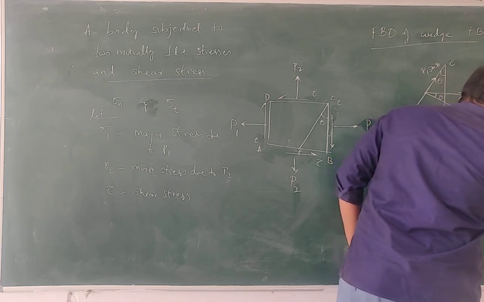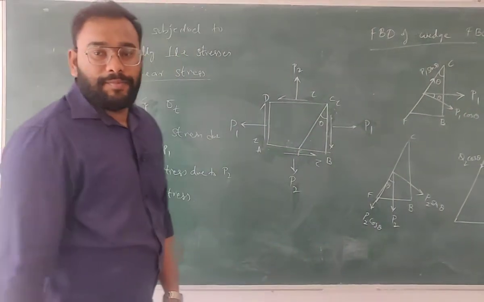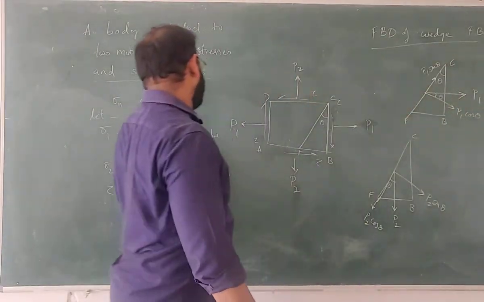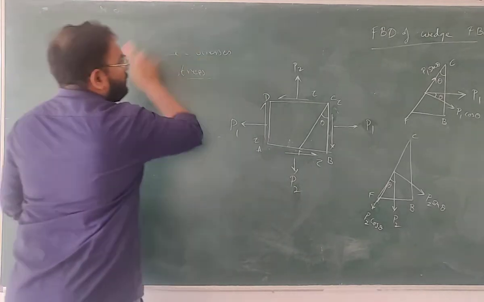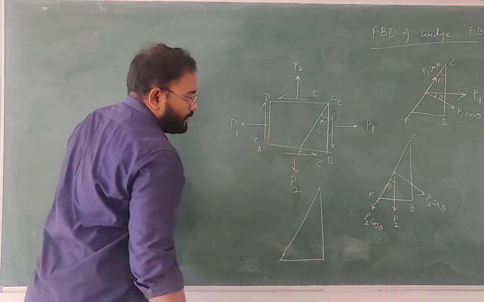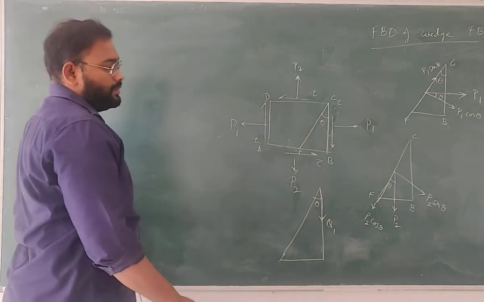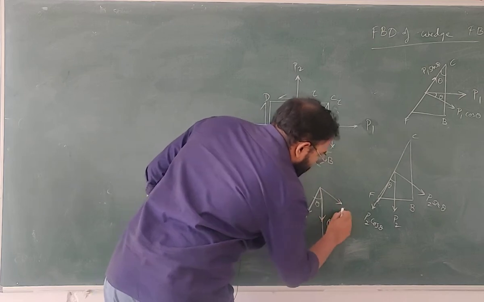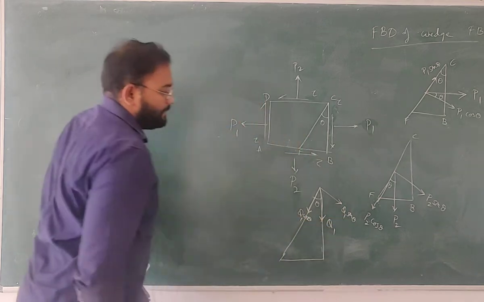These are your two components. This will be Q1 sin theta. This will be Q1 cos theta.